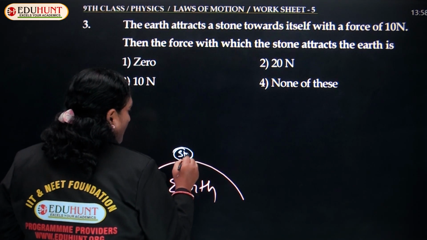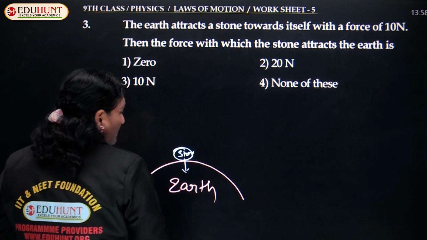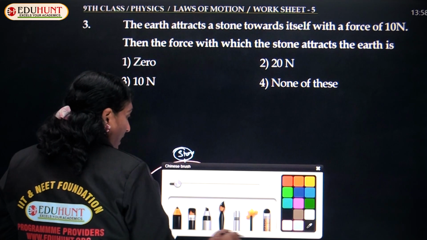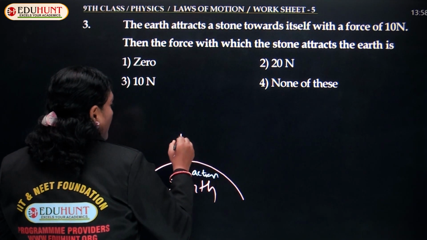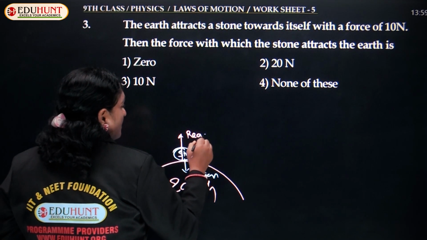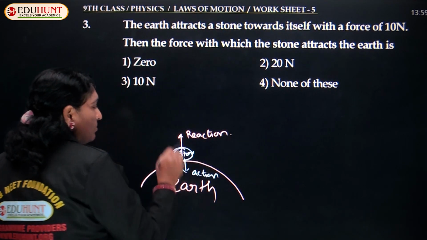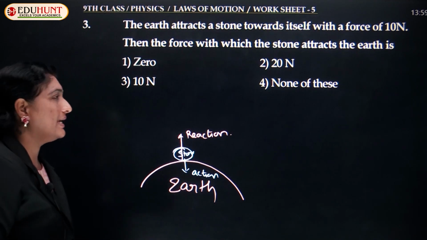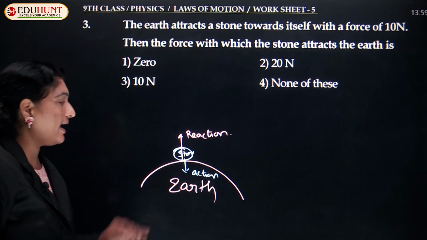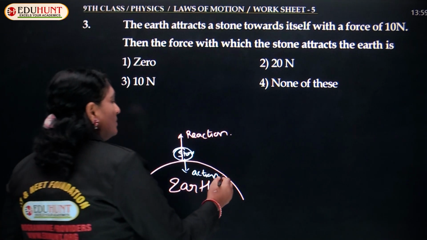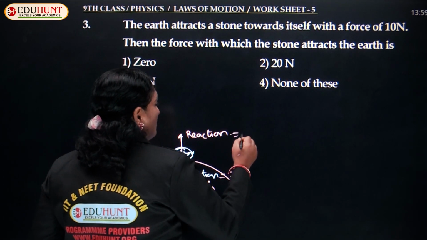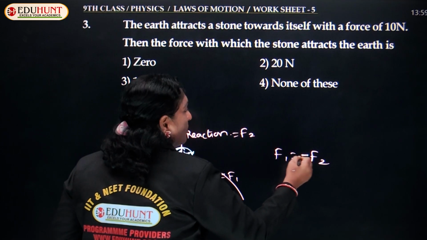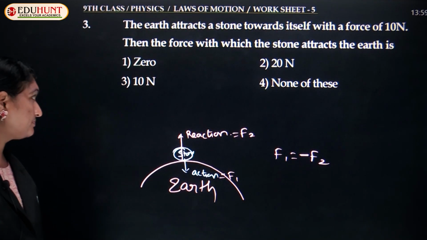If the earth attracts the stone, this is taken as your action, and the earth being attracted by the stone is taken as your reaction. Both act in opposite directions with equal forces. F1 equals F2 in opposite direction.